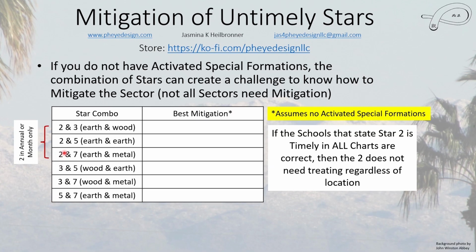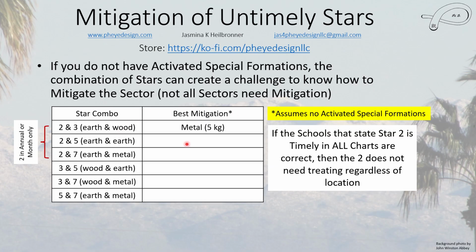But here, the star 2 would have to be in the annual star. And we're also assuming there's no special formations activated. Because if this is in the annual star and you have a special formation activated, then star 3 is not untimely. So this is why I'm saying it assumes that there's no special formation activated in your flying star chart or your purple white chart.